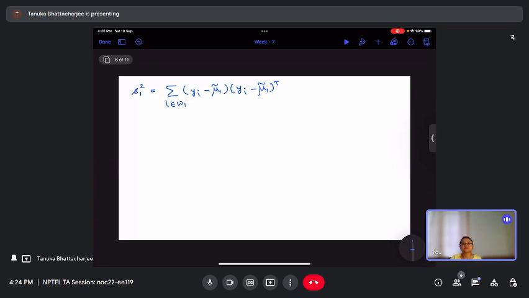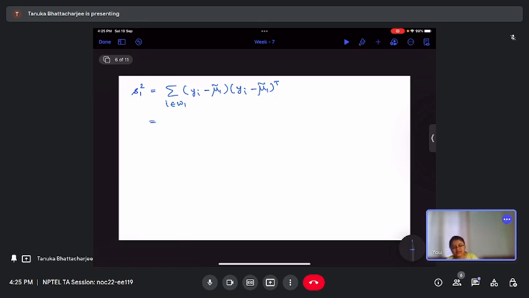This is the intra-class scatter for the class omega 1 in the projected data space. These are the data points belonging to class omega 1 projected along the direction w: yi's minus the mean of the class omega 1, into yi minus mu 1 tilde transpose. This is basically the measure of the intra-class scatter for class omega 1.